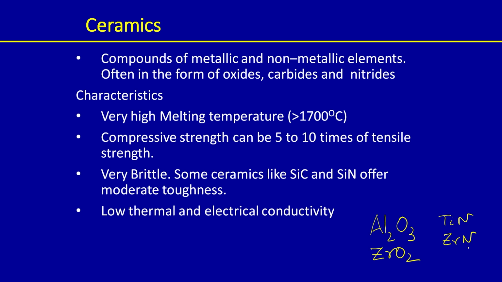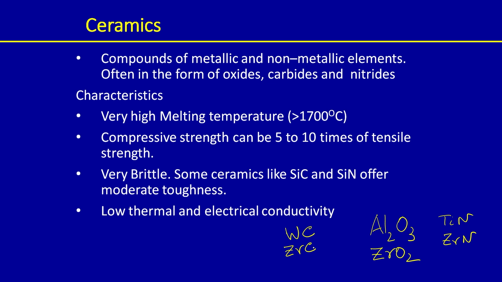Then you have carbides like tungsten carbide, which is used as tool steel or inserts in cutting tools, or zirconium carbide. So these are all compounds, oxides, nitrides, carbides, of different kinds, and they have very high melting temperatures, sometimes beyond even 2500 degrees Celsius.